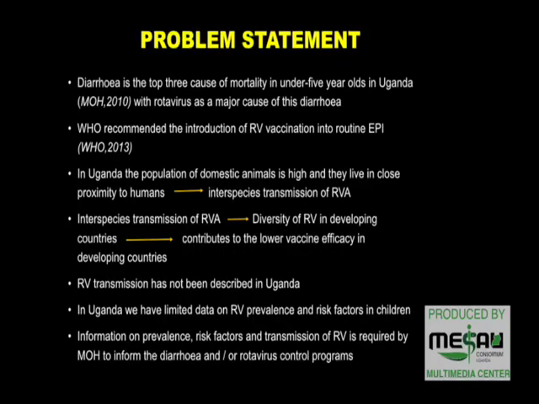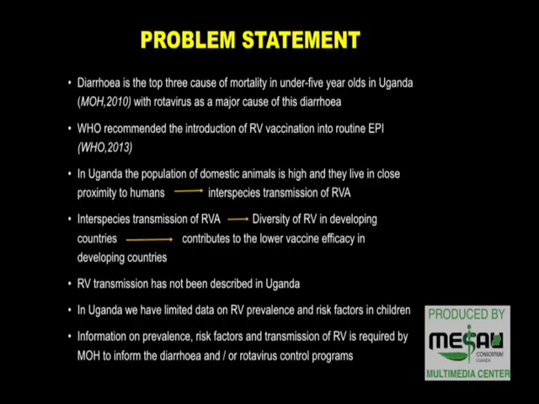However, rotavirus vaccine efficacy has been reported to be lower in developing countries like ours than in developed countries. One of the causes of that low vaccine efficacy might be the high variety of rotavirus strains, and one hypothesized cause of this is interspecies transmission of rotaviruses.